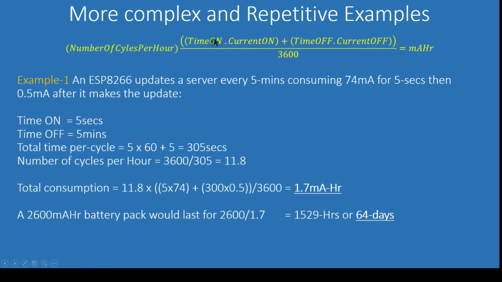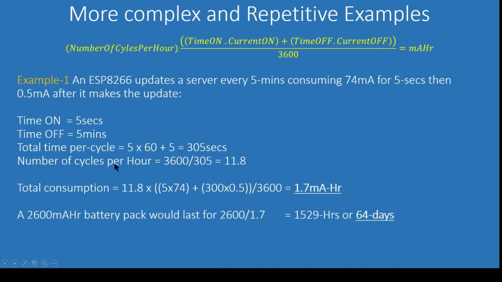Multiply that by the time on, time off, current off, and then use the 3600 as the hour reference. So here's my example one again, and showing that if it switches on for 5 seconds and then goes to sleep for 5 minutes, this is how you do the calculation.